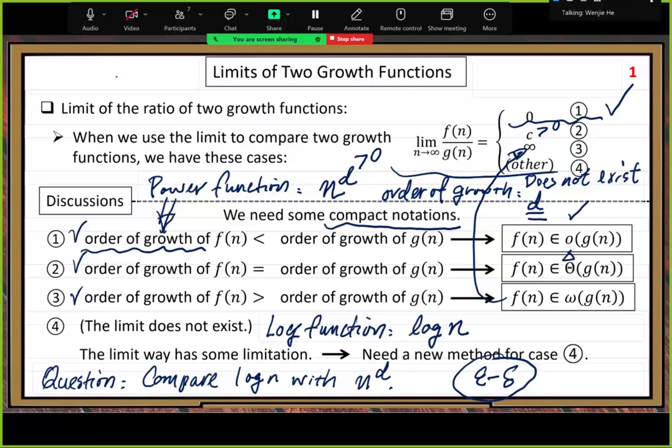Log function, you can connect to a special power function, and the exponent number is epsilon. But what's the epsilon? Here, let's use our calculus understanding of epsilon. What's the epsilon in calculus? It's a number. First, it's a positive number, right?